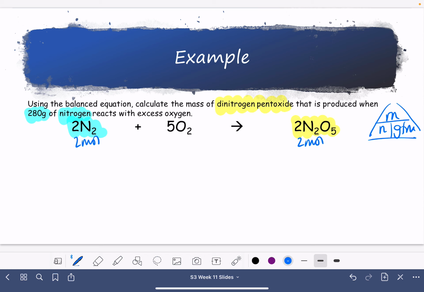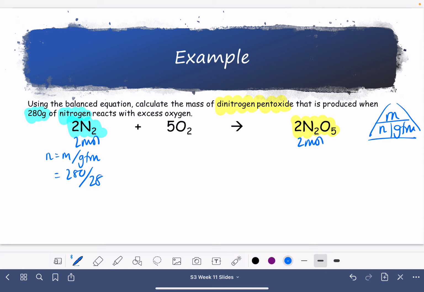So let's start then with the nitrogen, because we know most about that. We've got a mass, so we can use that mass. We can say that the number of moles is the mass divided by the gram formula mass. Hopefully you're getting the idea now. 280 divided by, and remember it's the diatomic nitrogen. Just so we're clear, it's this number here that's the reason why we're multiplying the N value, which is 14, by 2, because it's diatomic, it's N2.